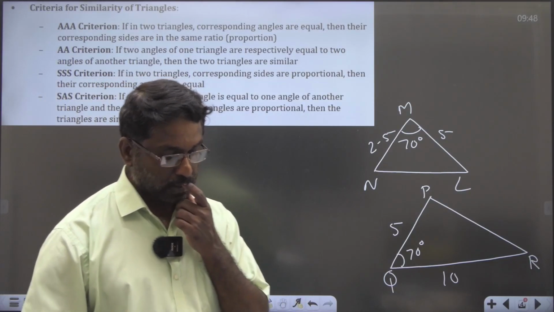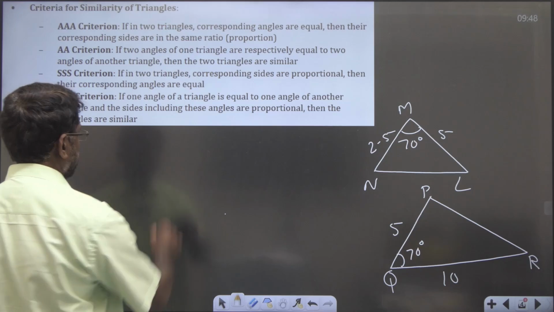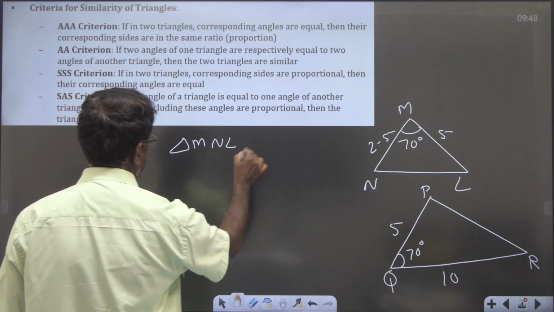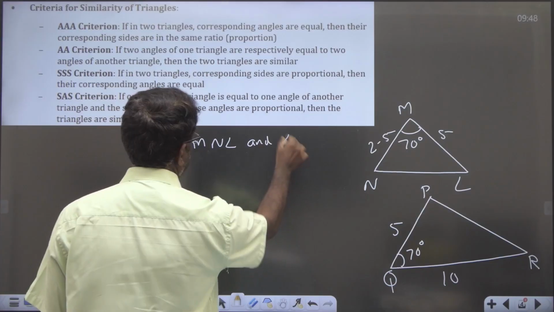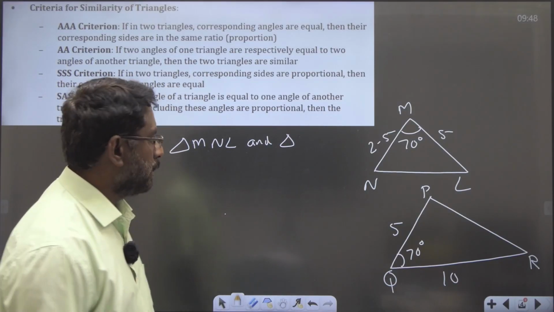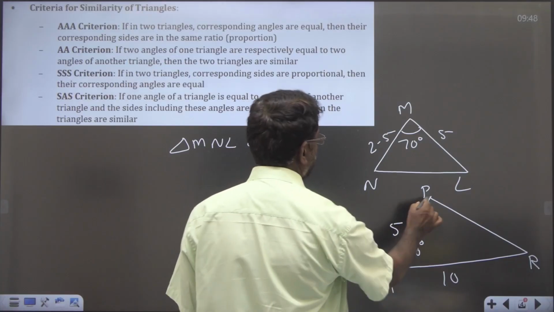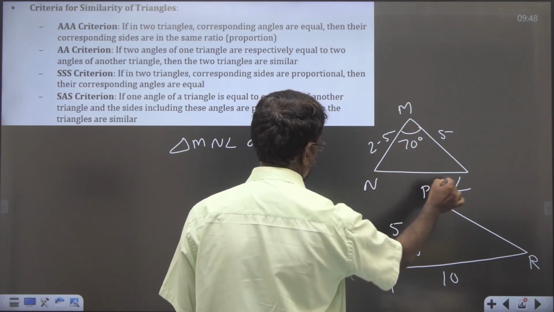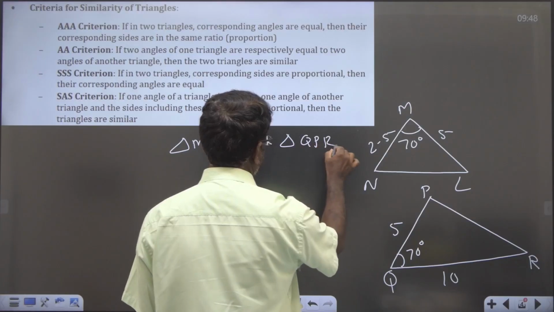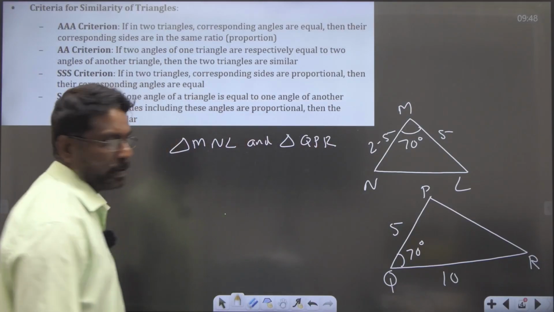Okay, this is the question. Consider triangle MNL and triangle QPR.